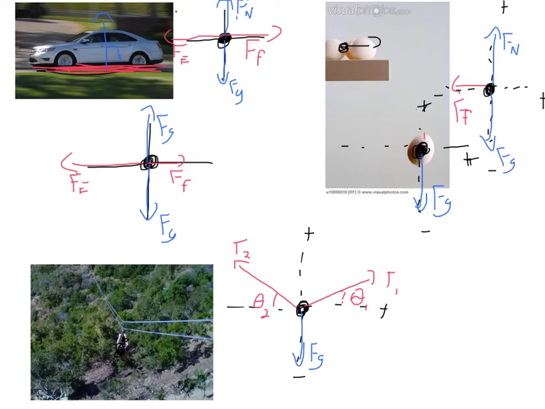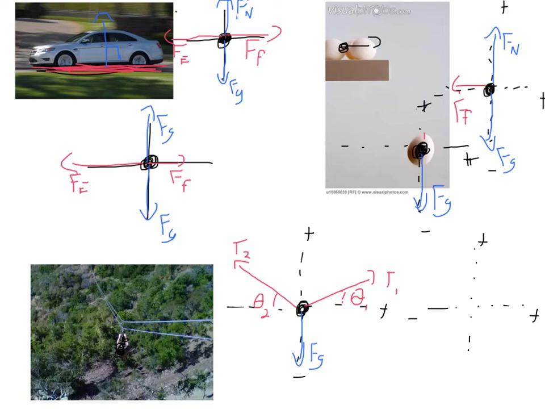We were able to divide all the movement into two separate axes, X and Y, and then solve those individually and combine them at the end to get the answer. Same idea here. I'm going to need to divide all of these vectors into their individual components so I can solve an X and a Y axis separately from each other.